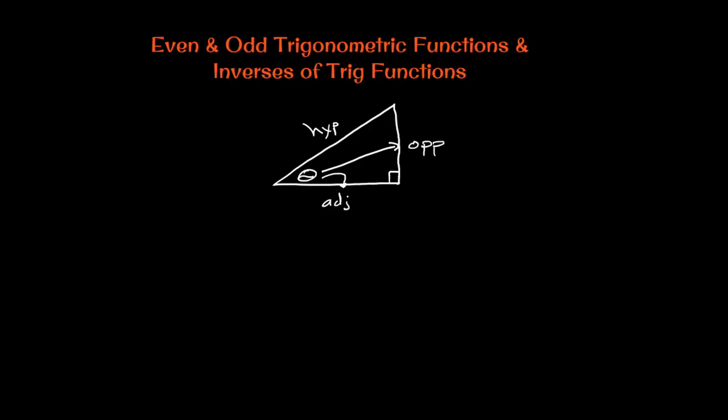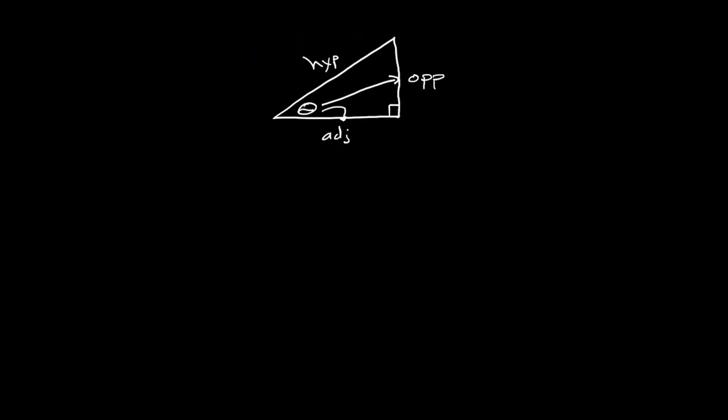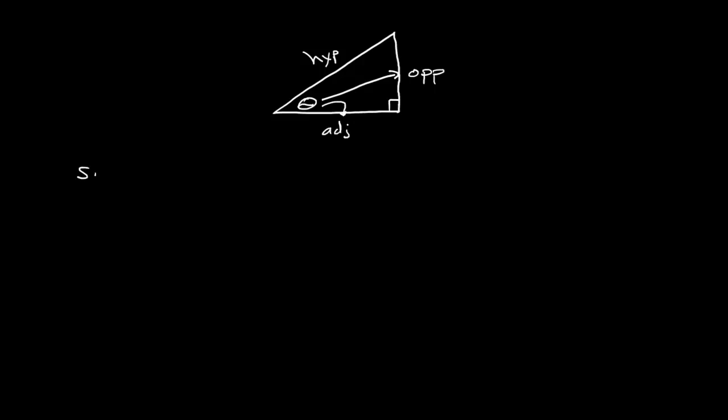So let's go ahead now and discuss sine, cosine, and tangent. So sine of that angle theta, the cosine of that angle theta, and the tangent of that angle theta. Each of these, as we discussed in the last video, have a relationship, but we'll just briefly review it. The sine, by definition, is the opposite leg over the hypotenuse.